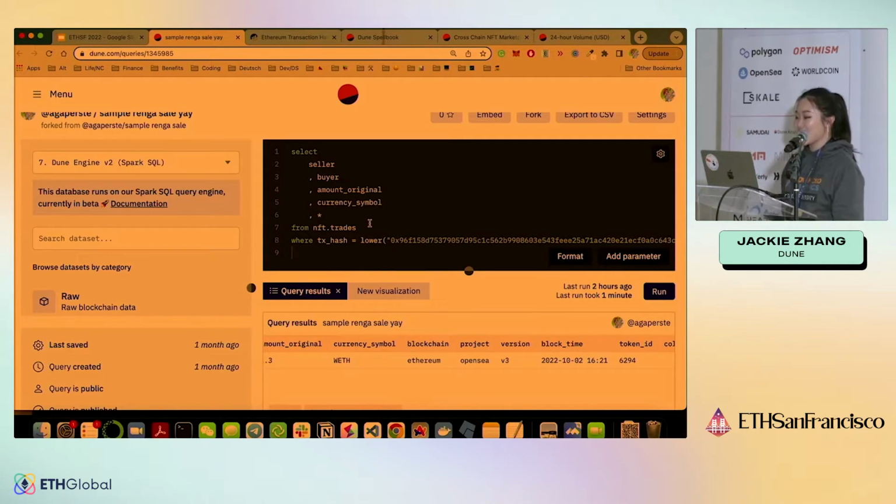But once we have this nft.trades table, it's so beautiful. You're able to do analytics so quickly. I feel like in a way the community itself is democratizing, right? Everyone's building toward the higher-level tables, and we're just going to get better and better as an ecosystem.